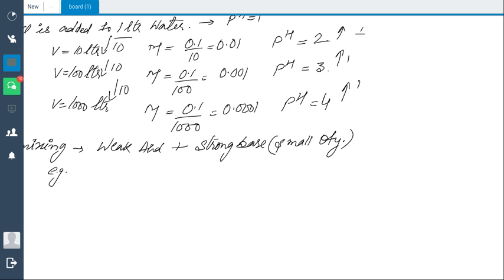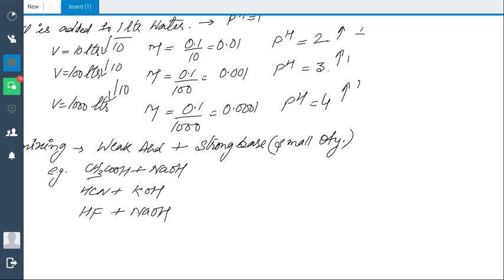For example, you add acetic acid mixed with NaOH, or you take HCN combined with KOH, or you take HF reacted with, say, NaOH, right? So weak acid, strong base. So these will result into the formation of buffer.